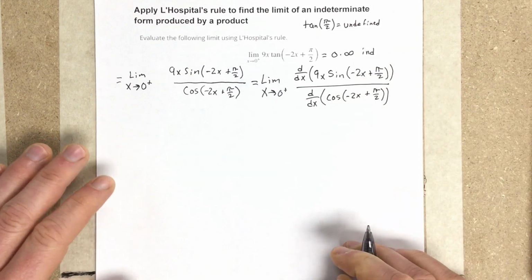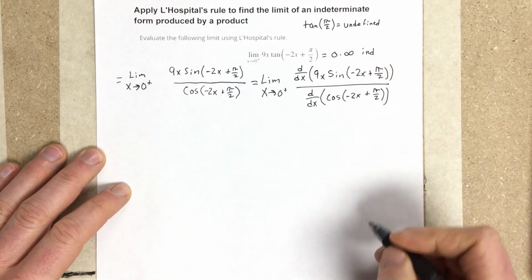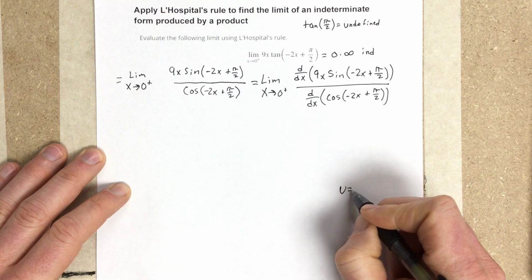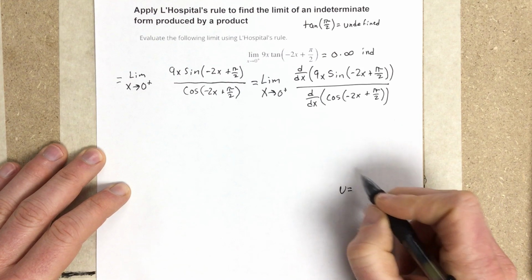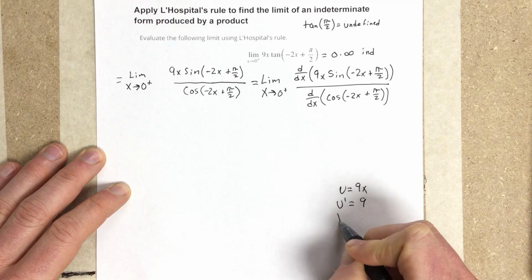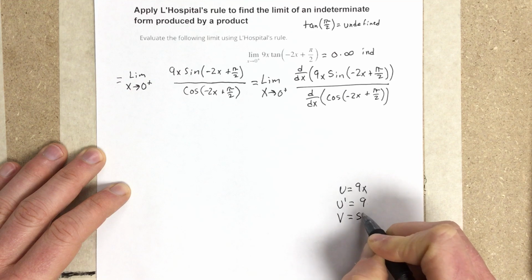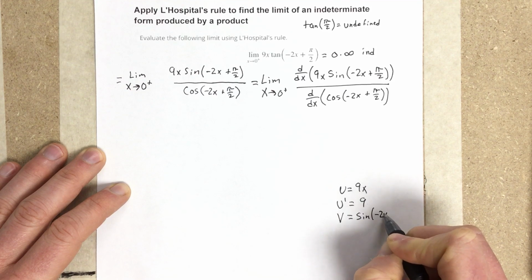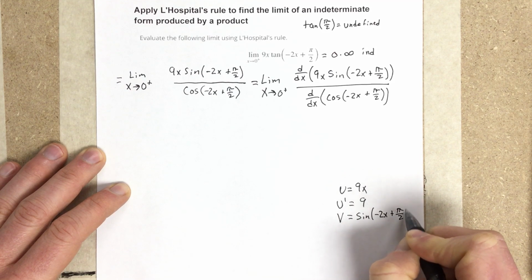So let's start with this product rule. u is equal to 9x, u prime is 9, v would be sine of negative 2x plus pi over 2.